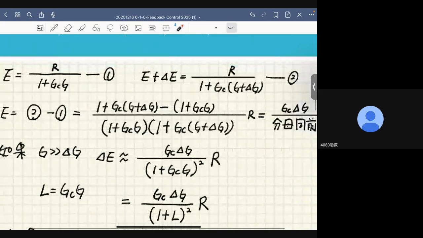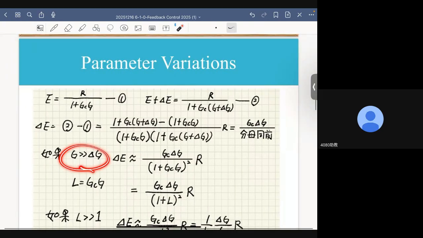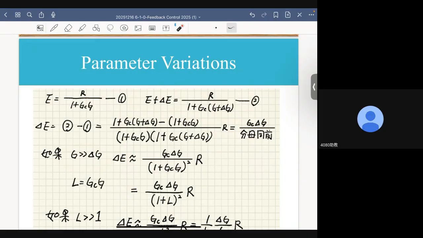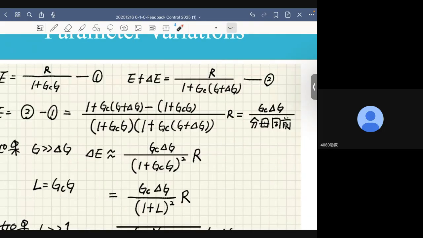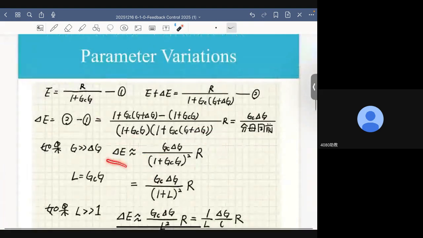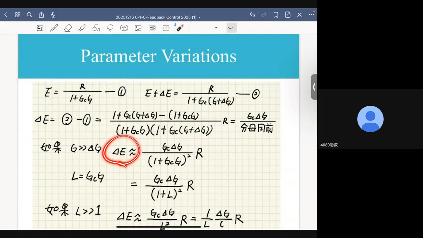Now, for the time being, let's just assume G to be larger than delta G. So here I assume the parameter variation does exist, but it is not that large, all right? So if this is the case, I can rewrite the denominator, neglecting this term. As a result, the denominator can be rewritten as this, all right? Okay, so this is the error due to delta G, okay?